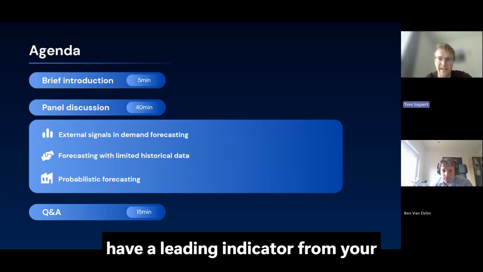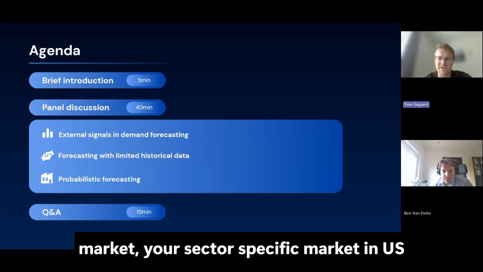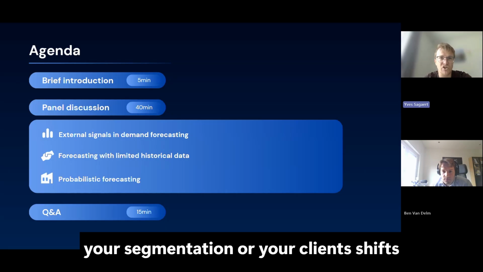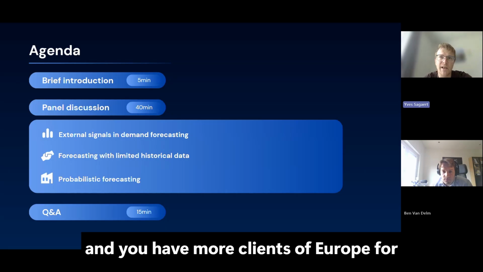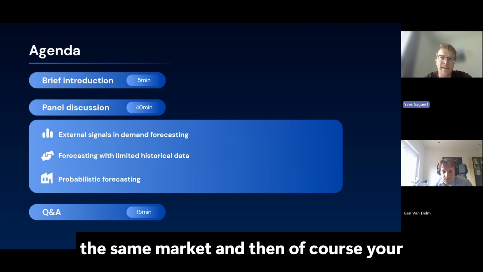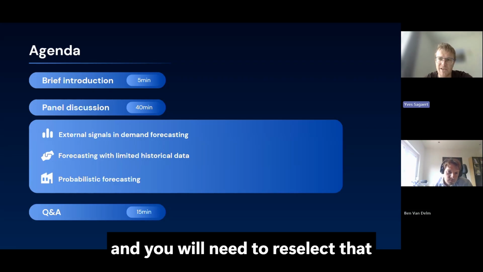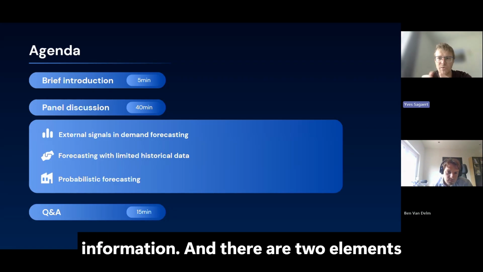So you might have a leading indicator from your sector-specific market in the US. Everything goes well, but then the segmentation of your clients shifts, and you have more clients in Europe for the same market. Then, of course, your leading indicator will no longer be valid, and you will need to reselect that information.